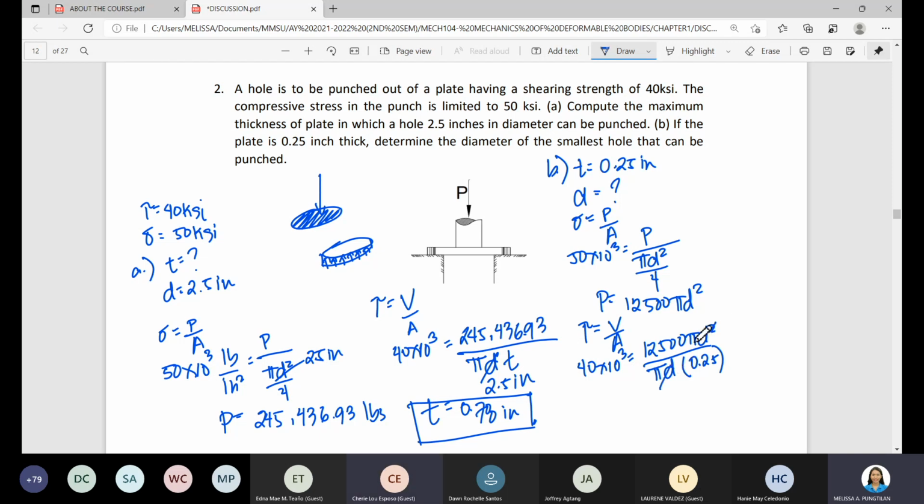Therefore, our D or the diameter is now equal to 0.8 inches. So, this is for letter B.